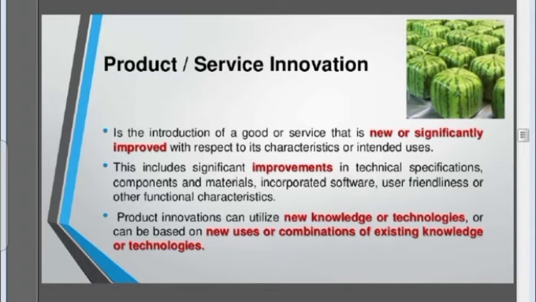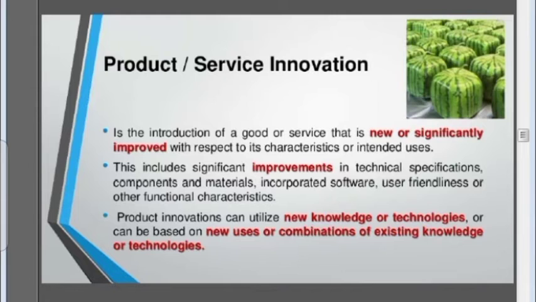That means bringing improvements in the specification of the product, the components of the product, the materials used, the software, user friendliness, and all other functional characteristics.